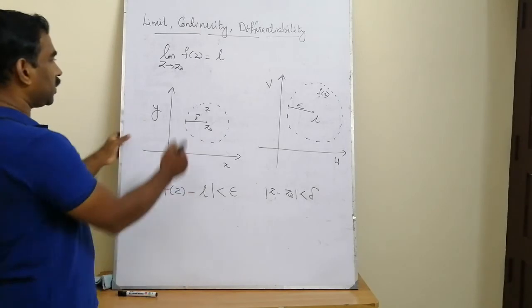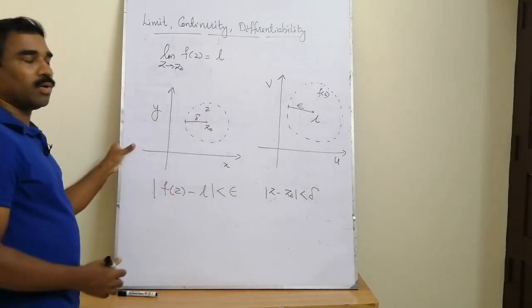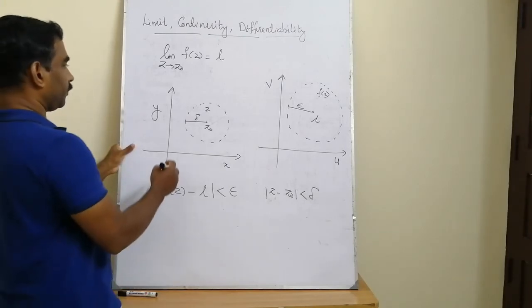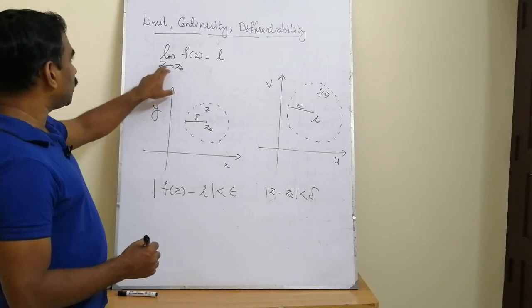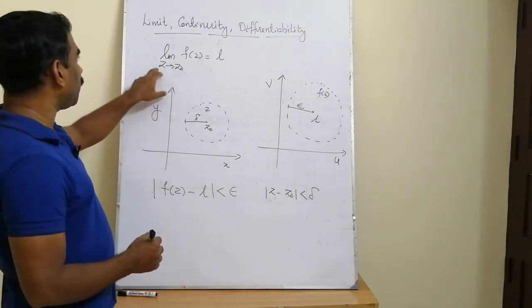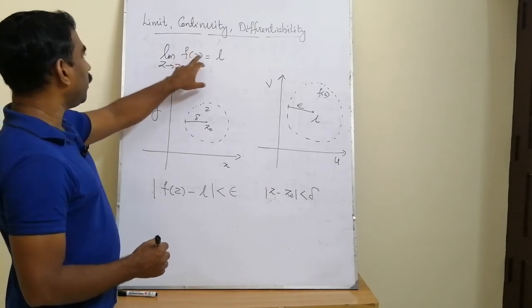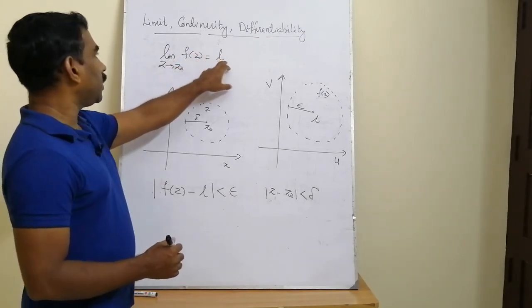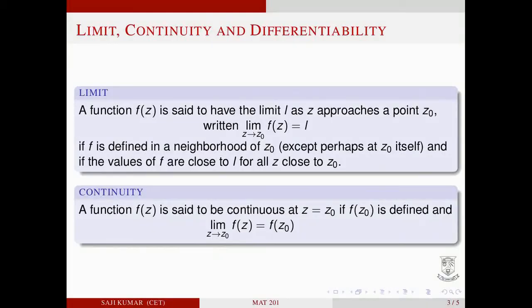Here z can approach z0 along any path within this open disk. That means there are infinitely many paths for approaching z to z0. For any choice of the path, if all the limit values are identical, we say that the limit exists. Or if the limit values are different for two different paths, then the limit does not exist.